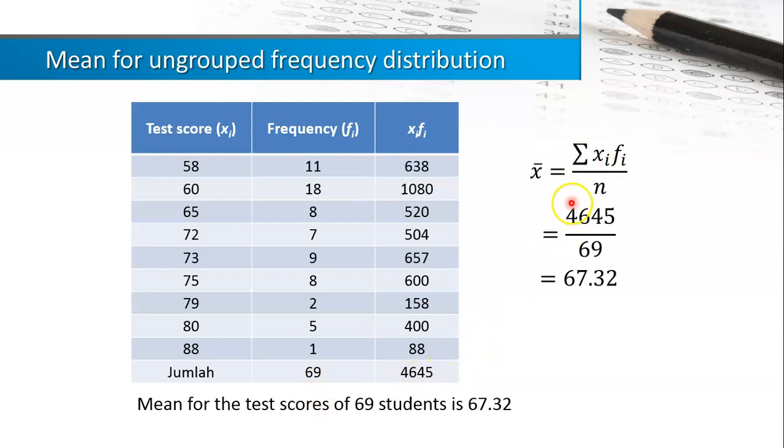To calculate the mean, divide 4,645 by the number of frequency, which is 69. So you get 67.32. The mean for the test scores of 69 students is 67.32.